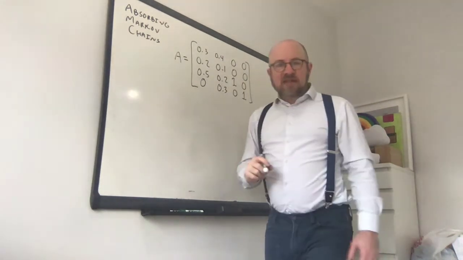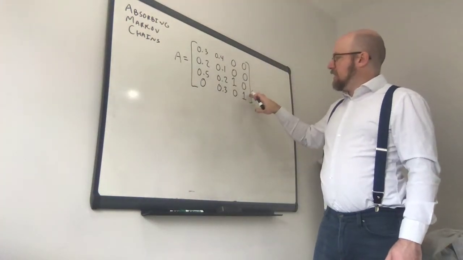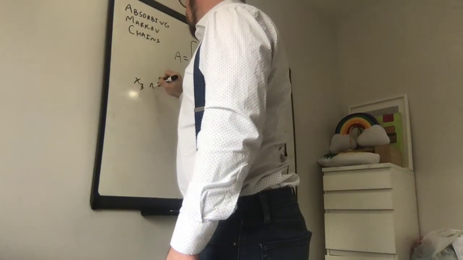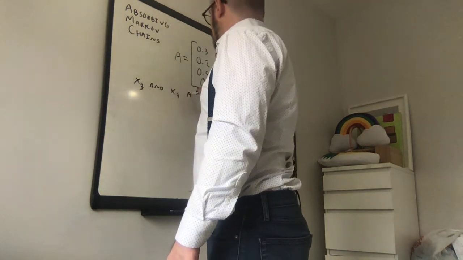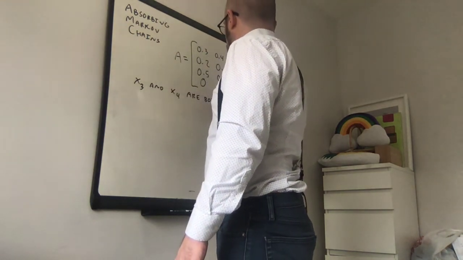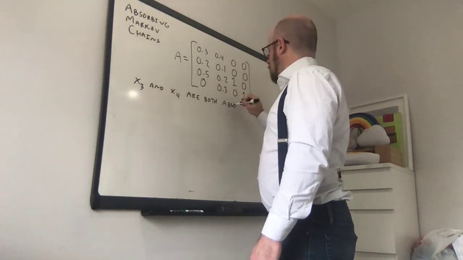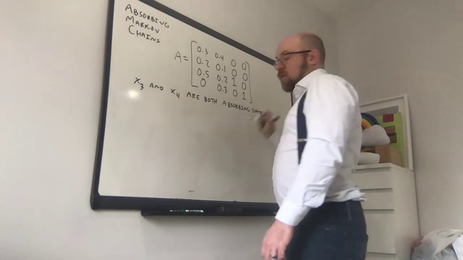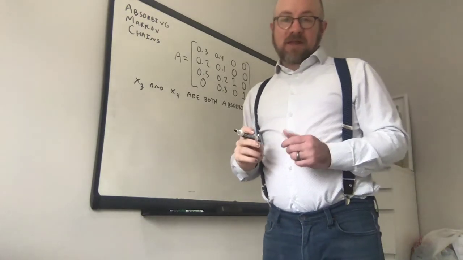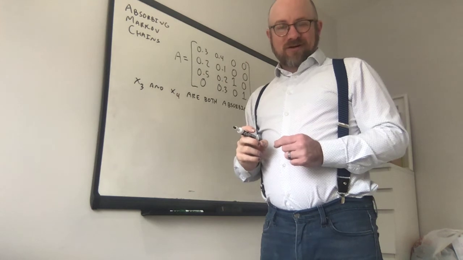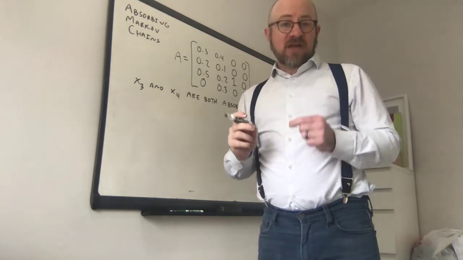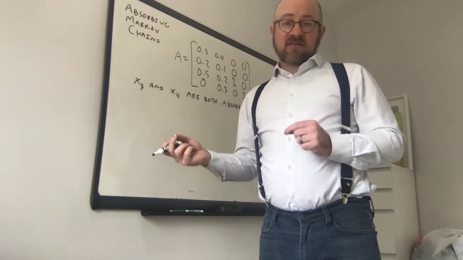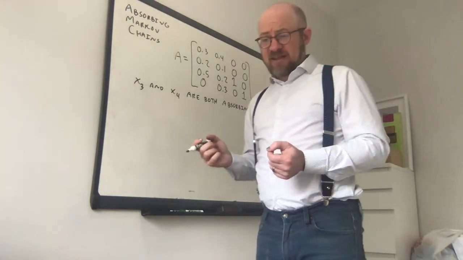You can see here x sub 3 and x sub 4 are both absorbing states, so they absorb the values. Everything is going to end up in x sub 3 or x sub 4. The question becomes, what percentage ends up in x sub 3 and in x sub 4? And that actually has a really interesting answer.